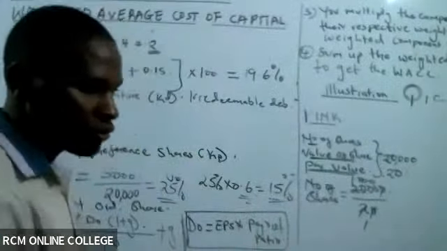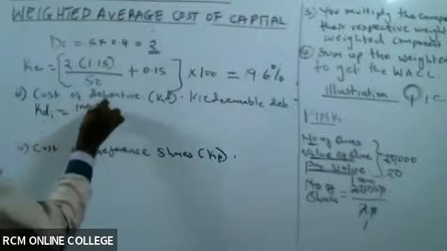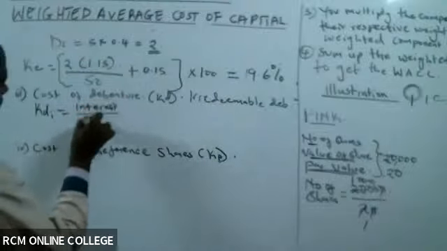Wow. We say that KD for the irredeemable is given by interest over P0. And then remember this one, you adjust for tax: 1 minus T. Let's see whether Oriv has it.